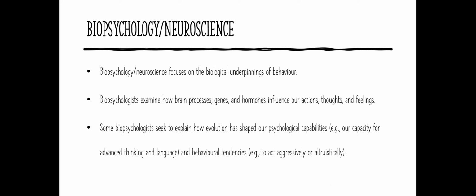And some biopsychologists seek to explain how evolution has shaped our psychological capabilities. For example, our capacity for advanced thinking and language and behavioral tendencies like acting aggressively or altruistically.